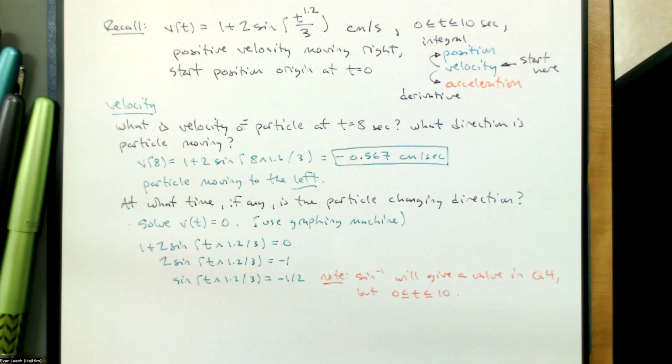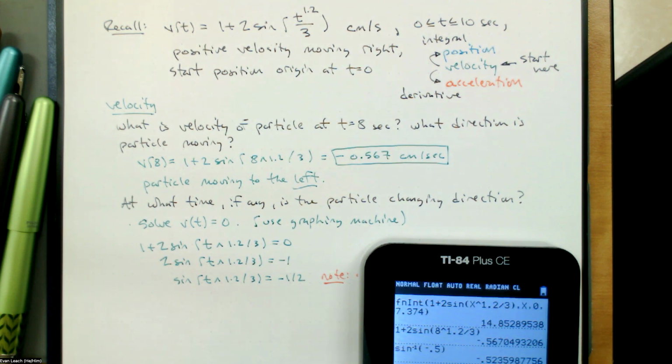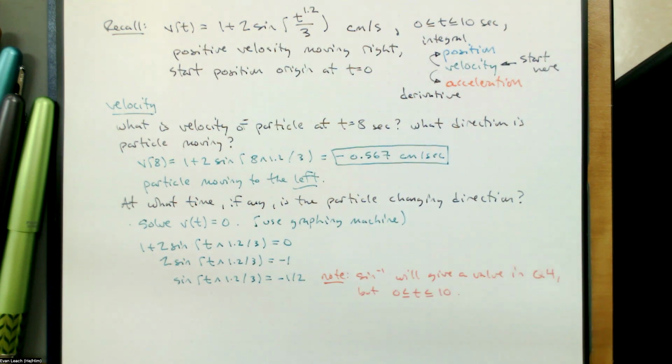If we just did a sine inverse, we're going to get a negative value, but we don't want that negative value. So it's going to give us a negative 0.523, negative pi over 6. Sine inverse of negative 0.5 is going to be a negative pi over 6.